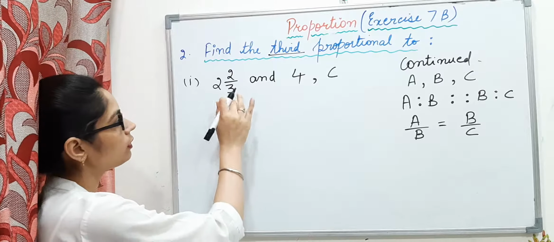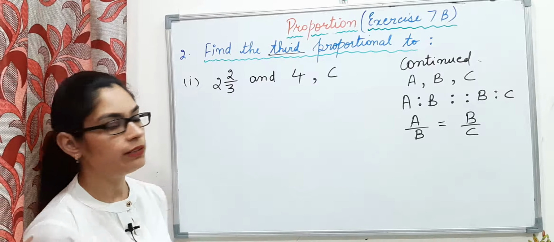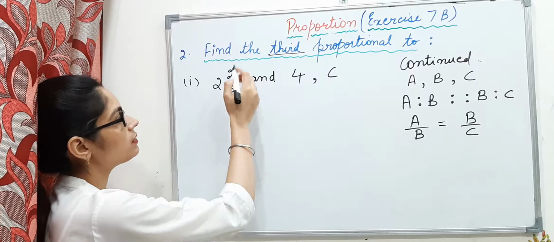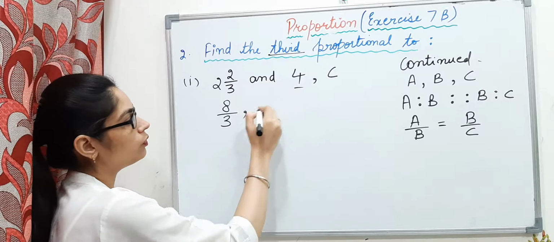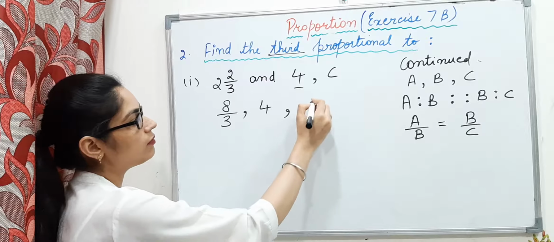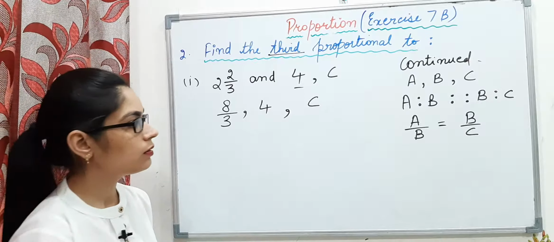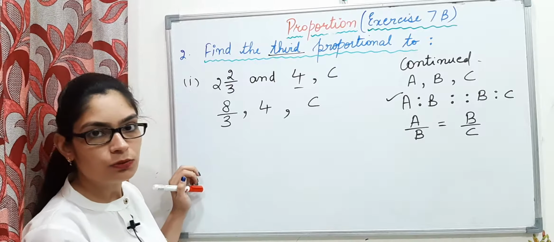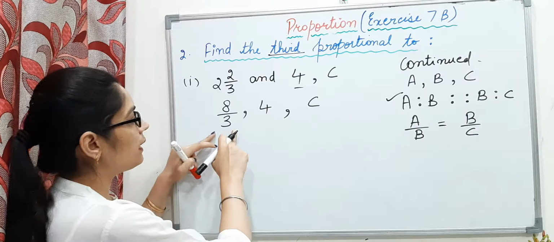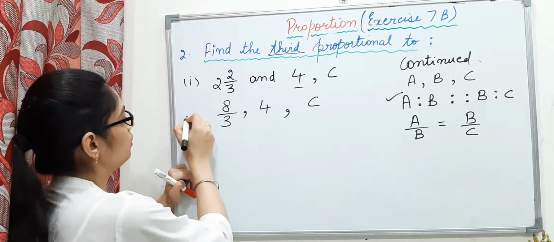So A is given to us as a mixed fraction, so let's change it. 3 into 2, 6, 7, 8, 8 by 3, B is 4 and C we have to write as it is. So I will just write it in this form: A is to B, see, A is 8 by 3 and B is 4.